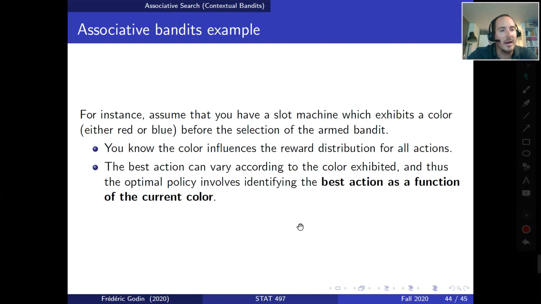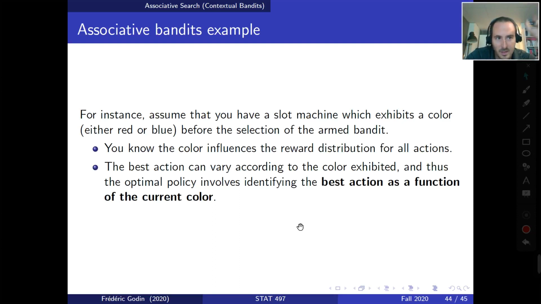When you have a blue light, then you have another set of distributions for rewards. Okay, so you know that the color of the light will influence the distribution of rewards for the various actions. So in that case, the best action will vary according to the color of the light.